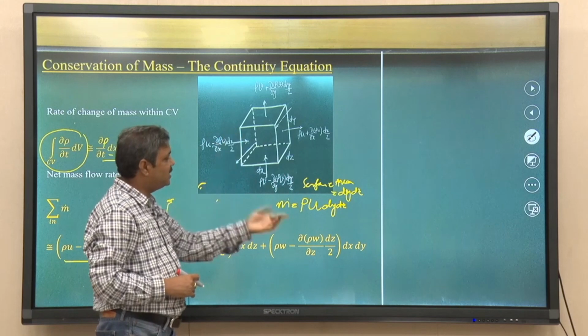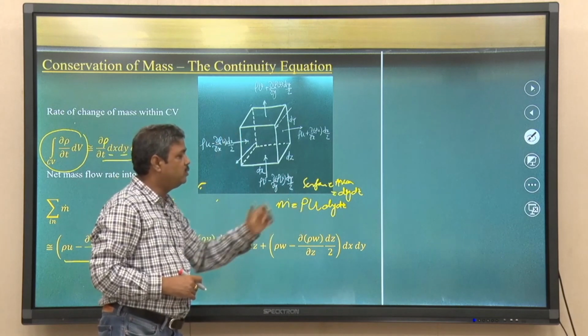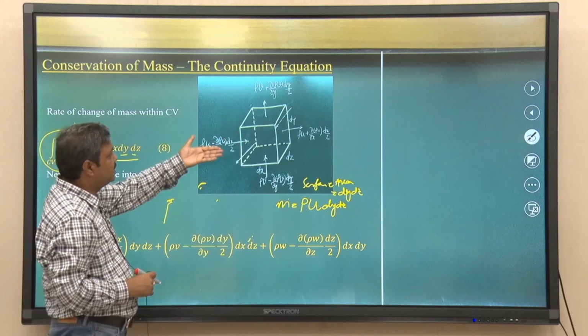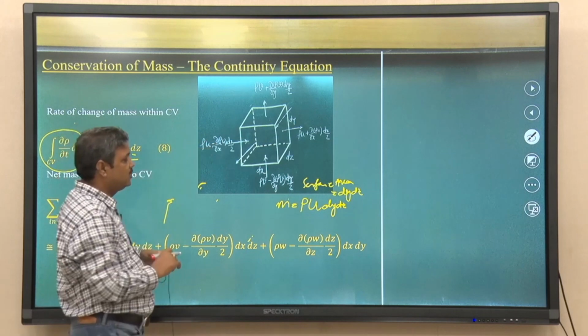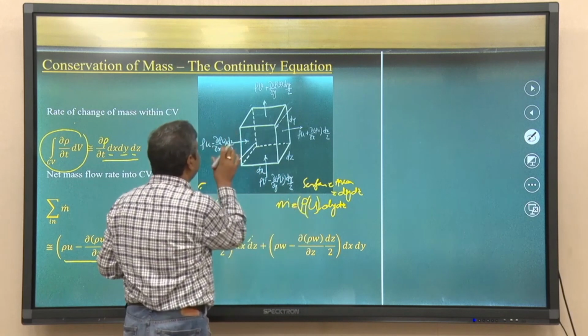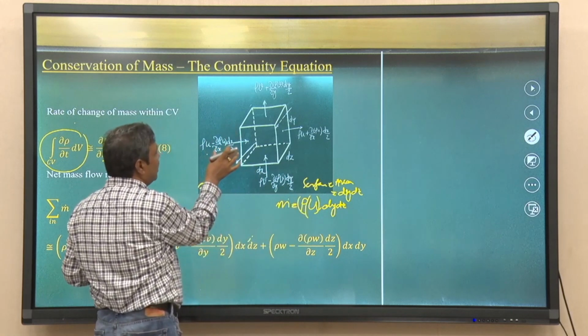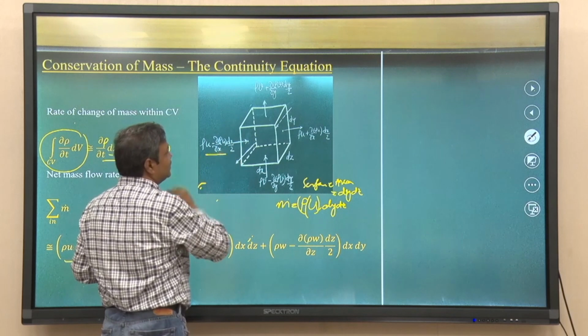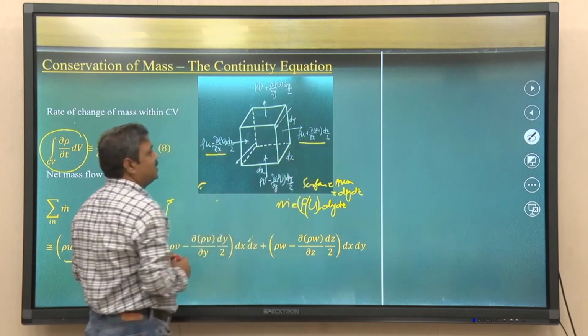So, this is a very basic concept we are using to estimate the mass flux. Getting the surface area and multiplying with rho into u gives the mass coming in. This u value is varying, so we have estimated rho u at different surfaces.